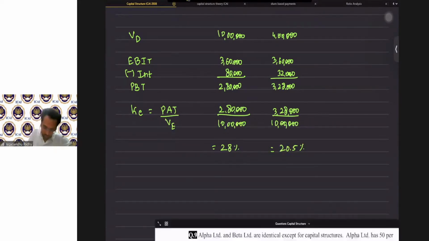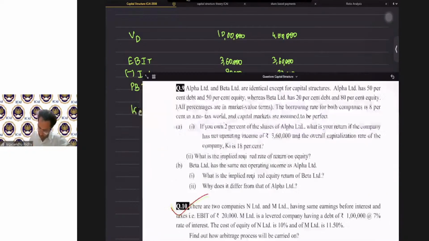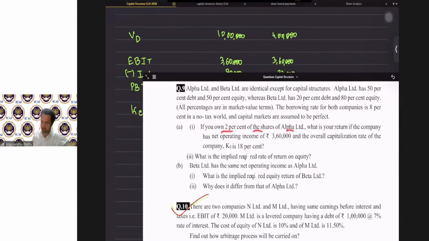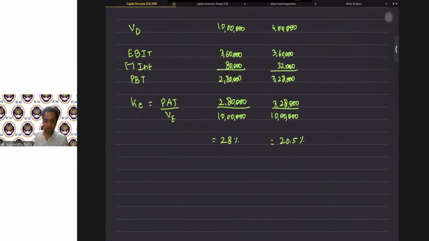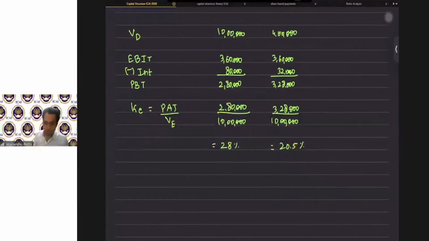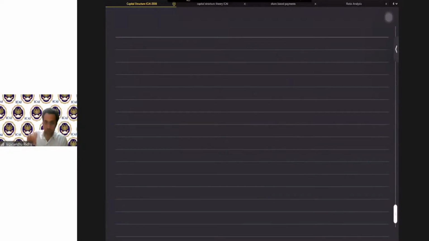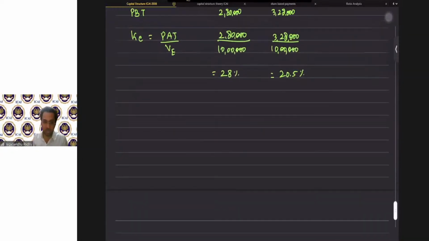Now the question says, if you are owning 2% of the shares of Alpha Limited, what is your return if the company has a net operating income of 3 lakh 60? So if you own just 2% of the company, what are your earnings going to be?